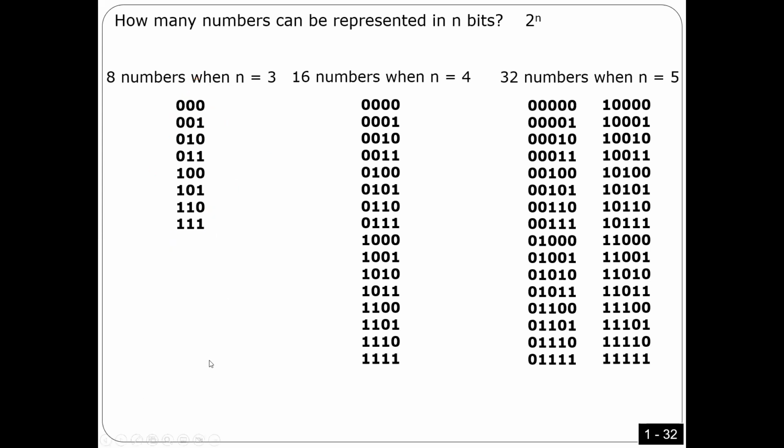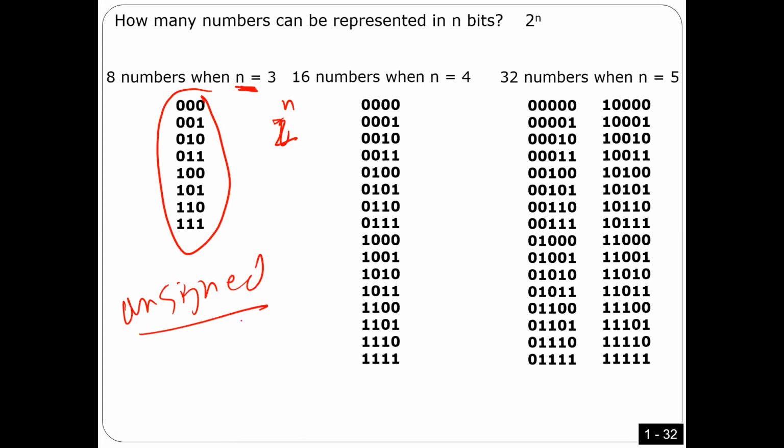Rule number 1: if you have any number of bits n, how many combinations do you have? 2 to the power of n. We know that. If your number is unsigned, that means in n bits I can represent a number from 0 until 2 to the n minus 1.